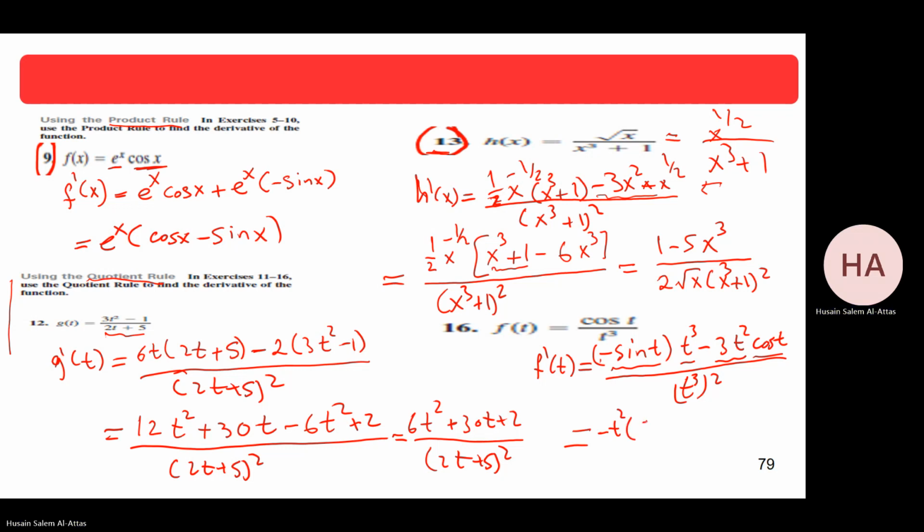T sine t plus 3 cosine t all over t to the power 6. So the answer will be minus t sine t plus 3 cosine t over t to the power 4. This is minus sine for all, huh?